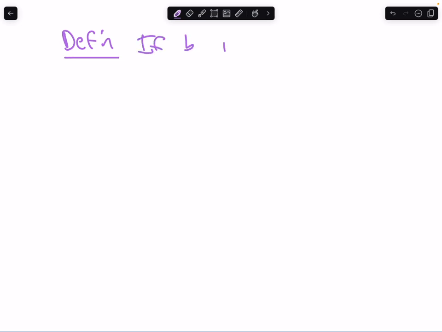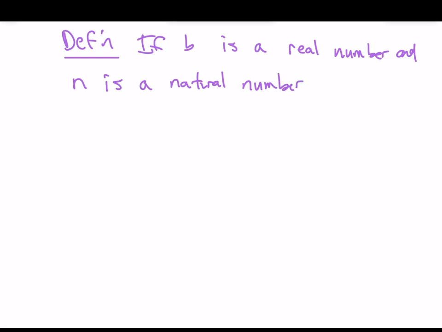If b is a real number and n is a natural number, then we have that b raised to the n power. Again, what is our b? Our b is our base. And our n is our exponent.